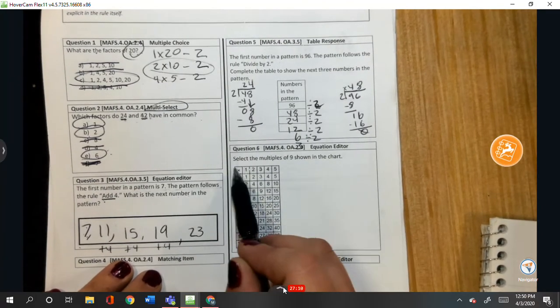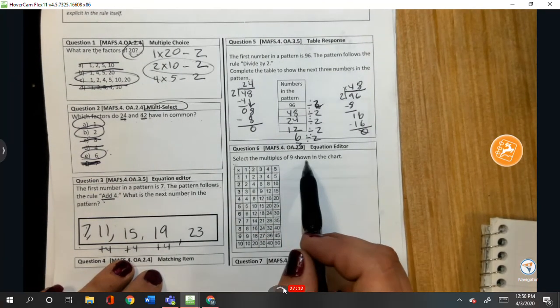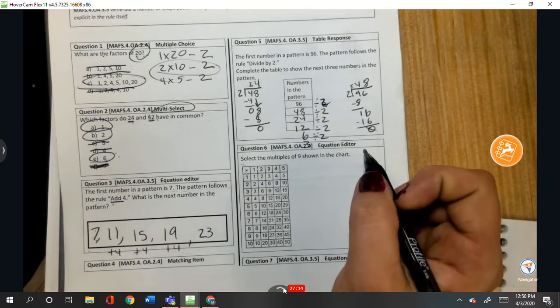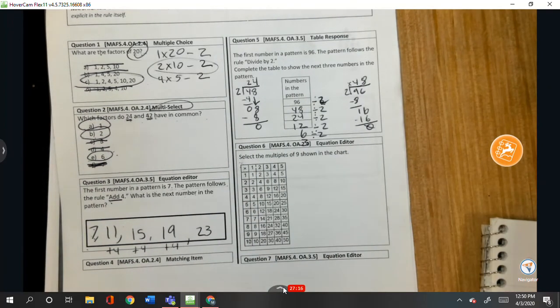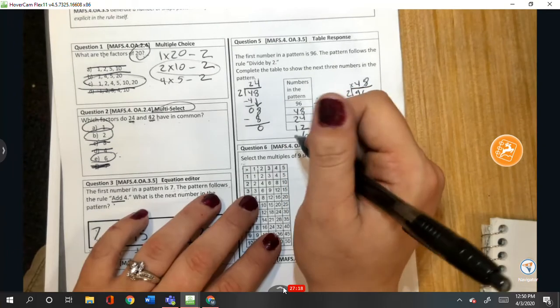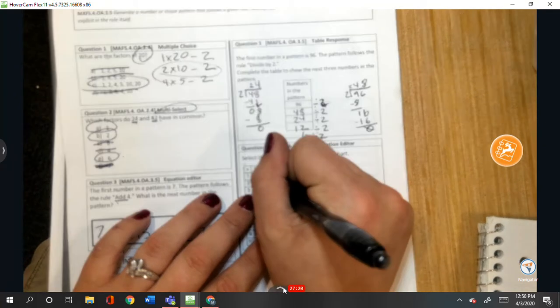All right, next one, number 6. Select the multiples of 9 shown in the chart. So multiples of 9 are products of 9. So 9 is a multiple of itself, because 9 times 1.